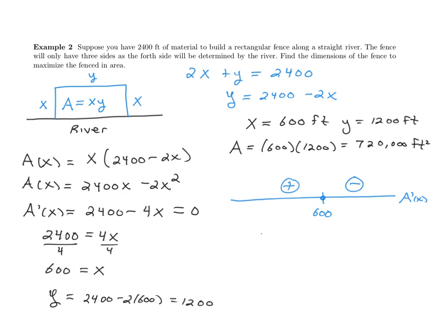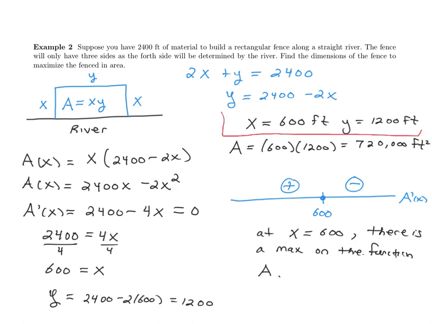It means that at x is equal to 600, there is a max on the function A. So this means this number is actually a local max, but because it's always increasing, then always decreasing, it has to be an absolute max as well. So here we go. These are the dimensions for the fence that will maximize the enclosed area.